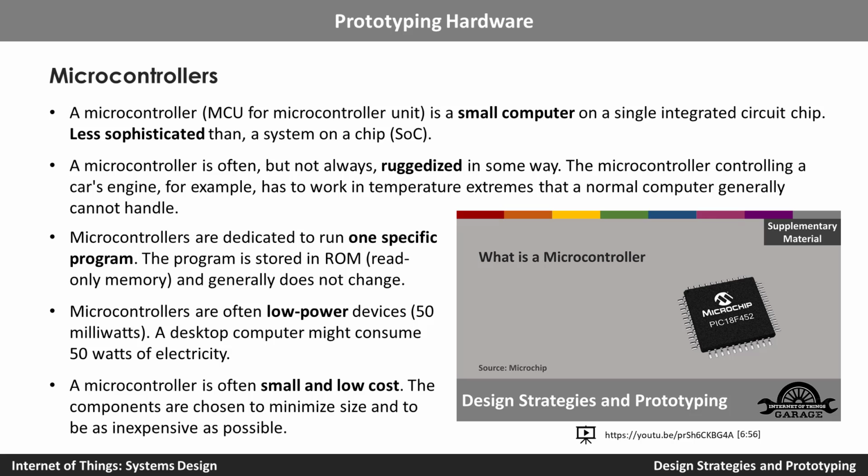We already talked about microcontrollers from a more conceptual and theoretical point of view. In this lesson, we are going to talk about them from a more practical point of view. A microcontroller is a small computer on a single integrated chip, less sophisticated than a system on a chip.